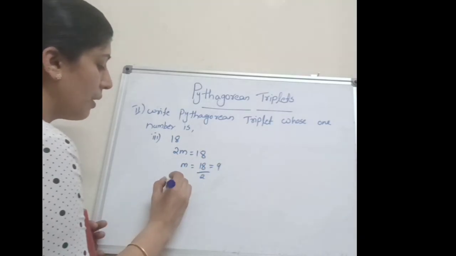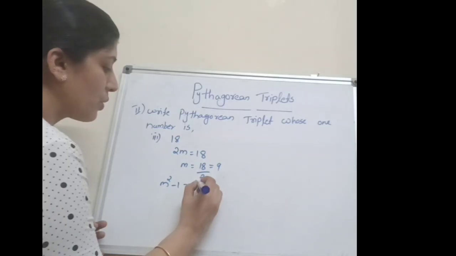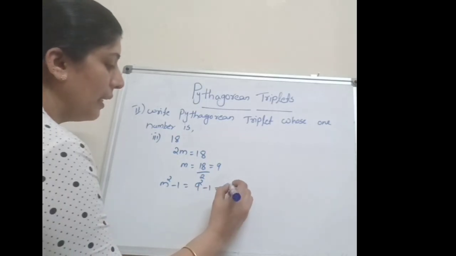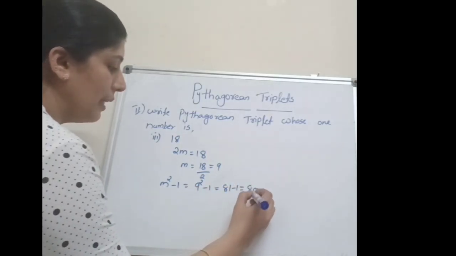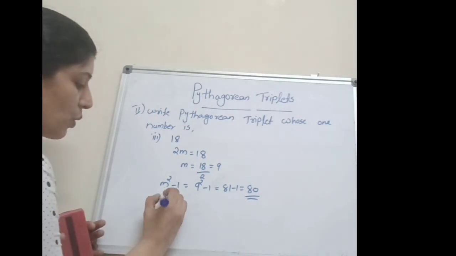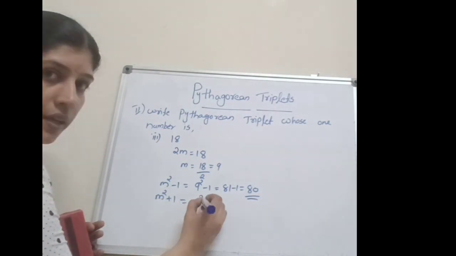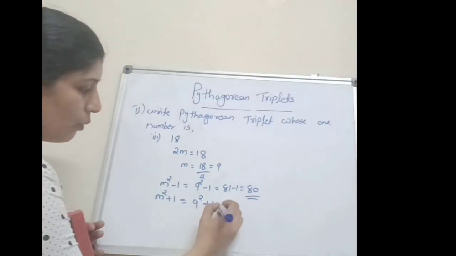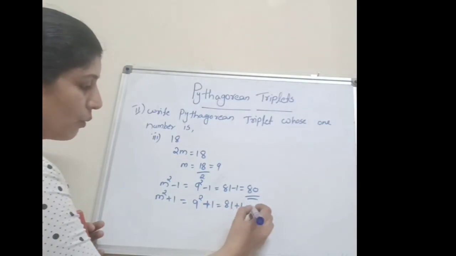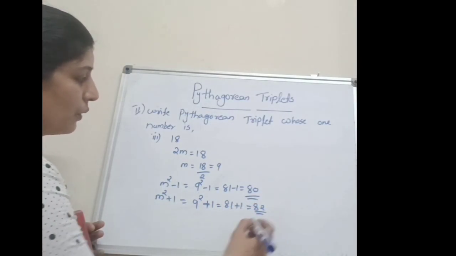Therefore, m square minus 1 equal to 9 square minus 1 equal to 81 minus 1 equal to 80. Then m square plus 1 equal to 9 square plus 1 equal to 81 plus 1 equal to 82.